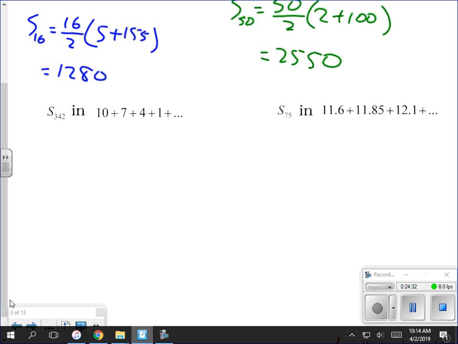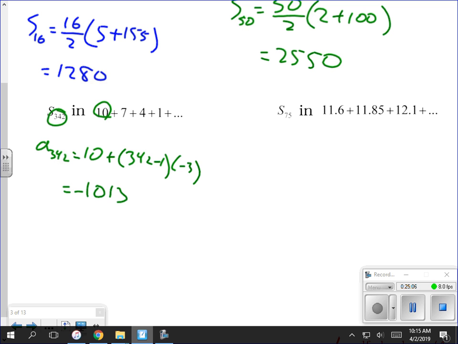So on the next one, I have how many terms? 342. I have the first one. I need the last one. So my a sub 342 is 10 plus 342 minus 1 times d. d in this case is negative 3. So 10 plus 341 times negative 3, and I get negative 1013.